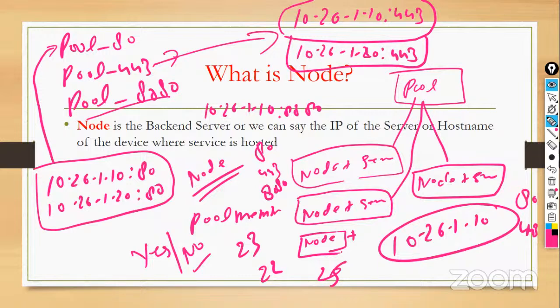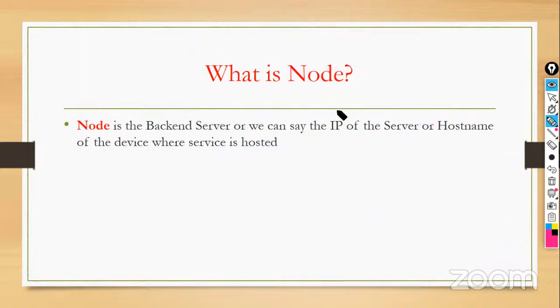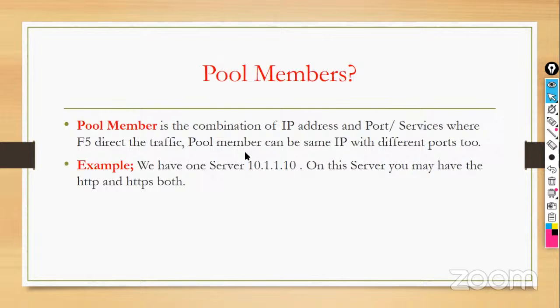So this is called your node, pool, or pool member. The pool member is the combination of the IP address and port service where F5 directs the traffic. Pool members can be the same IP with different ports too, right?